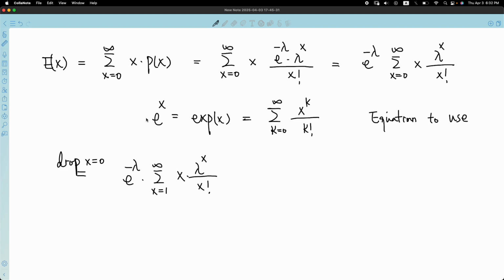Question? No matter how many constants you have, you can drop the case, and it will always make x equal 1? The reason I dropped x equal to 0 is that from here to here, the only change I made is the starting index from 0 to 1. The constant, like e to the power of negative lambda, is a fixed number.